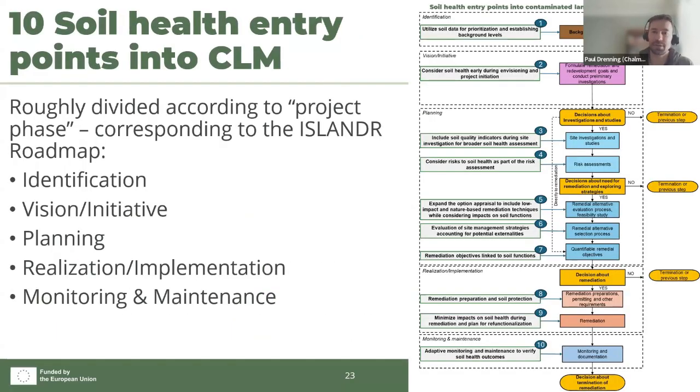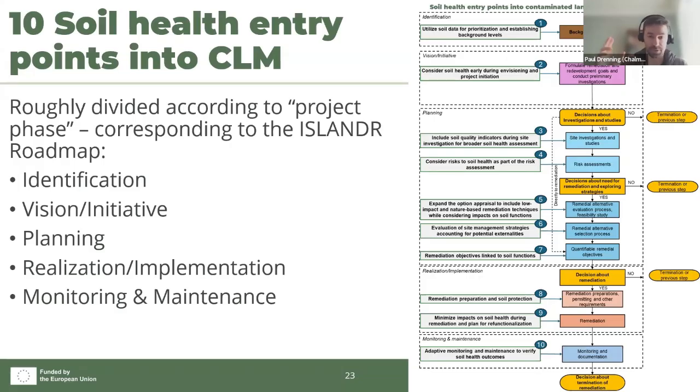We've tried to contextualize this a bit more by thinking about entry points for integrating soil health into the general contaminated land management process, which is shown in the figure on the right. We've identified roughly 10 of these and divided them according to project phase, which corresponds to the Islander roadmap developed in this project.